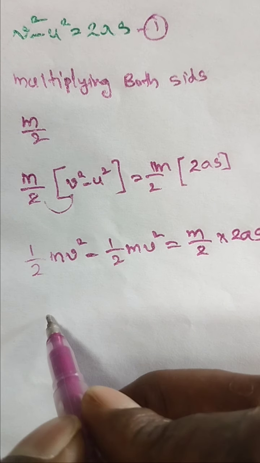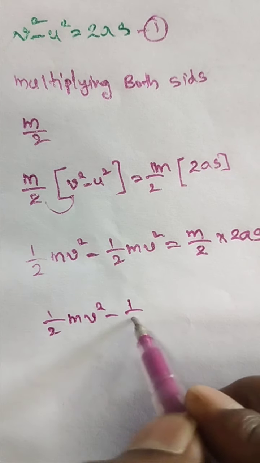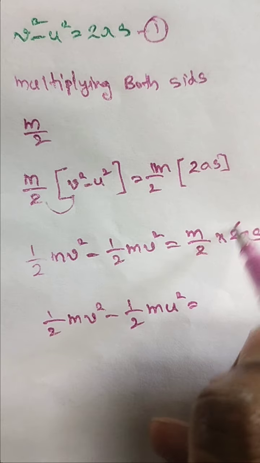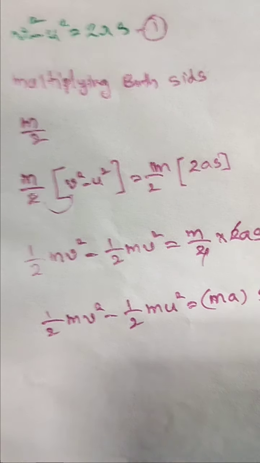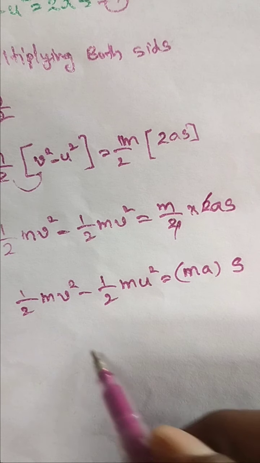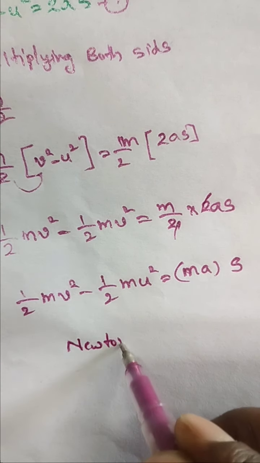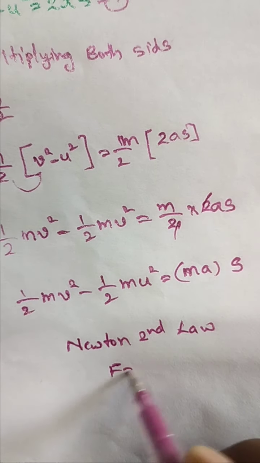Here this is 1 by 2 m v square, and I am taking 1 by 2 m u square as it is. The 2 cancels, so m a into s. We know from Newton's second law that F is equal to ma.